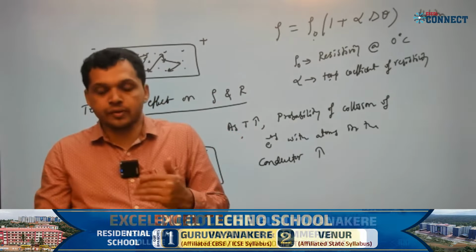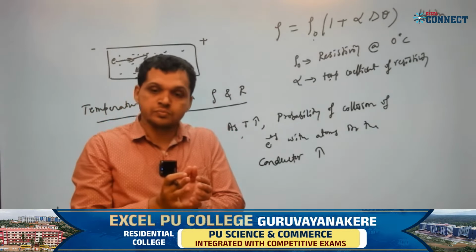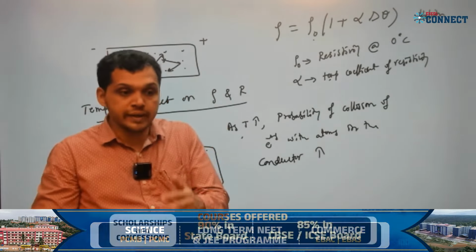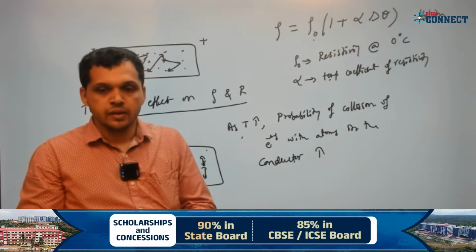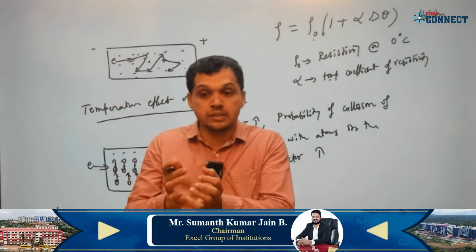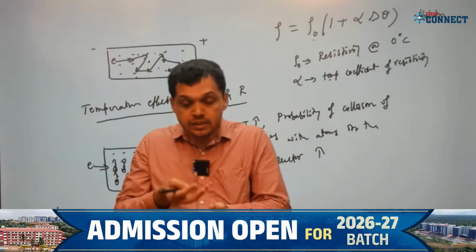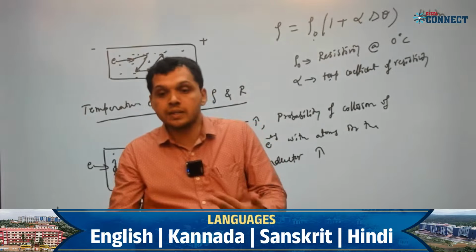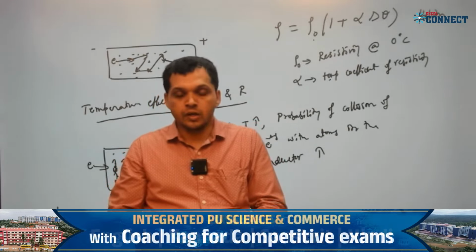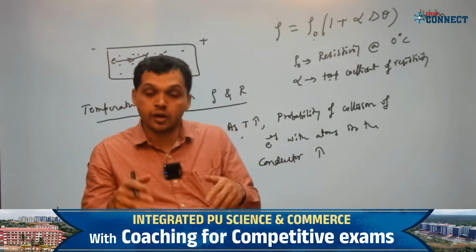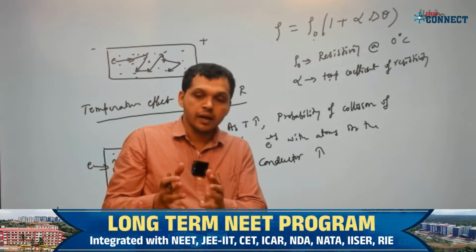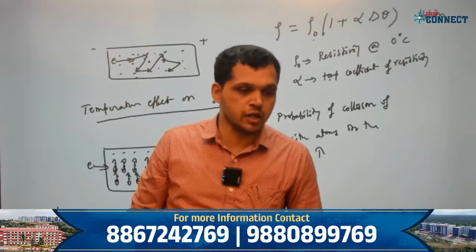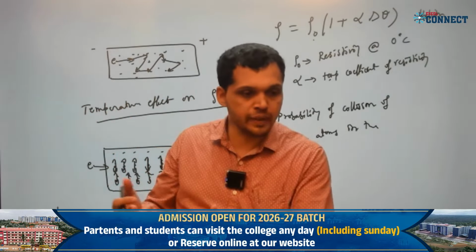It tells you how that material's resistivity varies with the temperature. If the temperature coefficient of resistivity is small, the resistivity does not vary much with temperature. If it is high, a small change in temperature changes the resistivity by a large value.